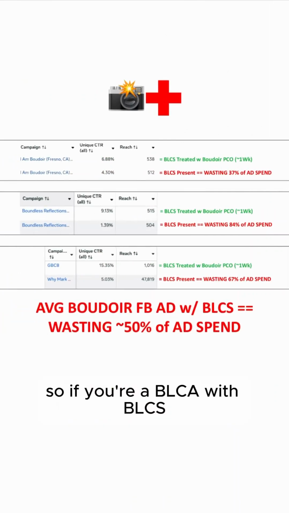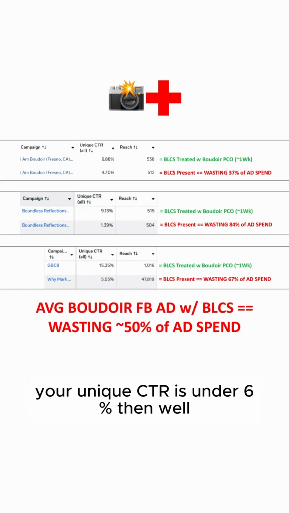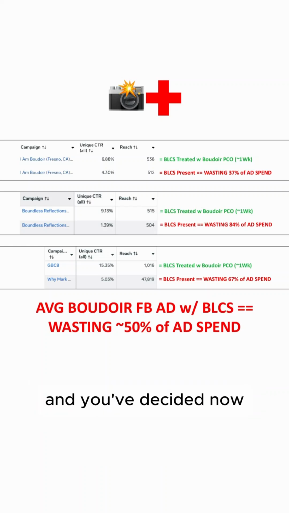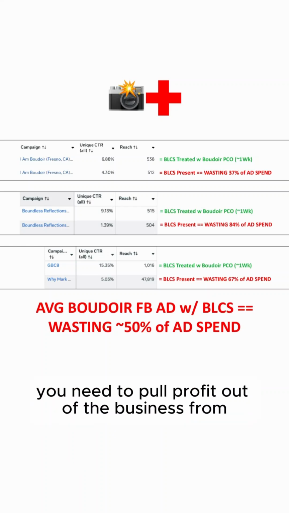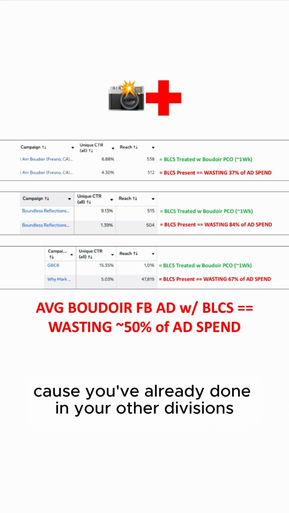So if you're a BLCA with BLCS, so if you're a Boudoir low click advertiser with Boudoir low click syndrome, your unique CTR is under 6%, and you're spending more than 10 grand a month on Boudoir Facebook ads, and you've decided now you need to pull profit out of the business from your Facebook ad division because you've already done it in your other divisions.